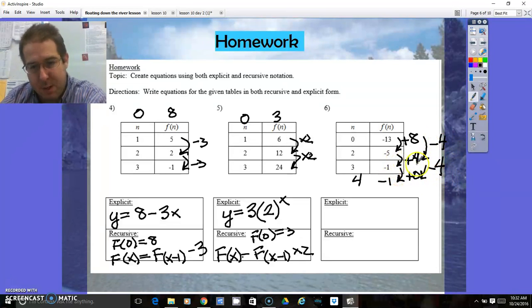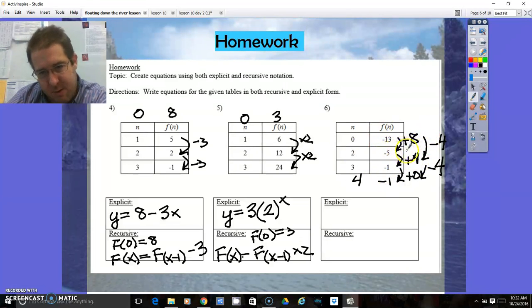All right, so explicitly, if my memory serves me right, it's been a while since I've looked at these questions, it's going to have an x squared involved. Just trying to think of a better way of doing it. So the recursive, you use this. Use the linear fashion. So negative 4 times 0 plus 8.